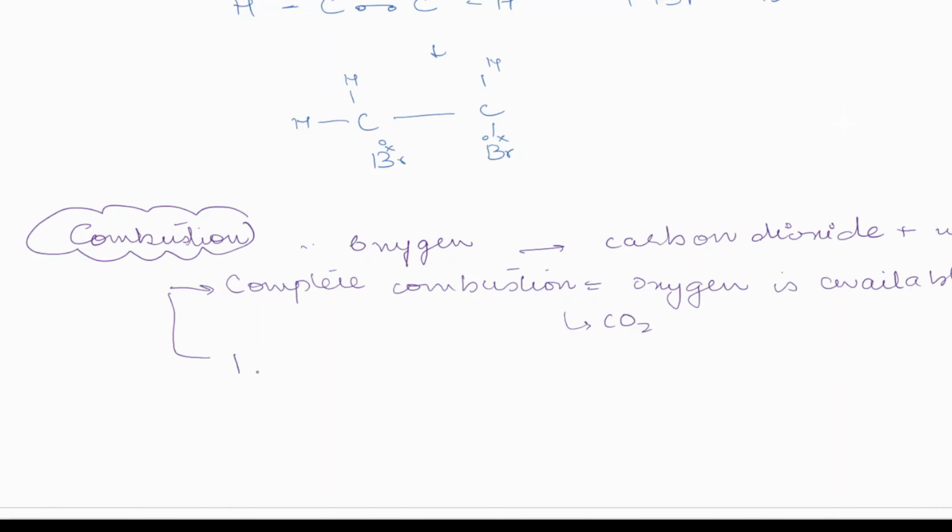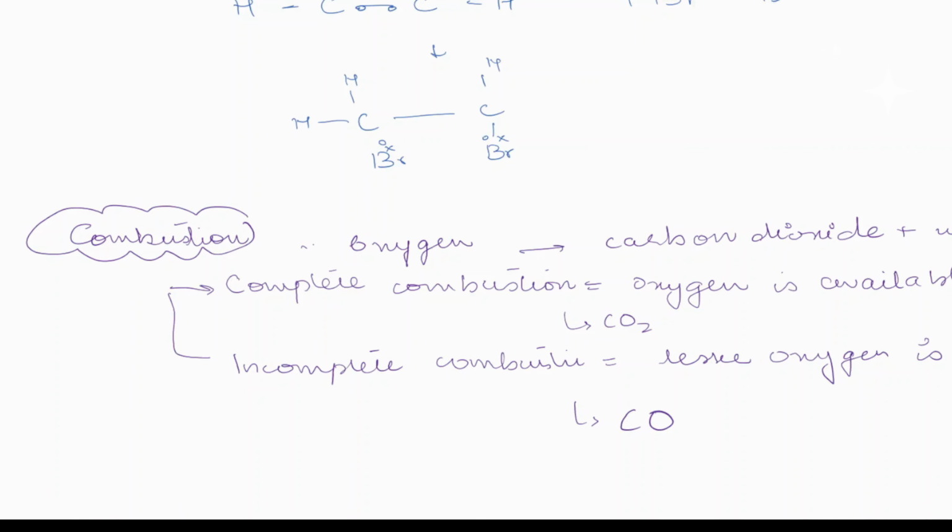But in incomplete combustion, oxygen is not available or lesser oxygen is available, due to which carbon monoxide is produced. So if it's given to write the incomplete combustion products, then you have to write carbon monoxide instead of carbon dioxide. But if it's a complete combustion, it would be carbon dioxide plus water. Otherwise, it will be carbon monoxide plus water. Okay?